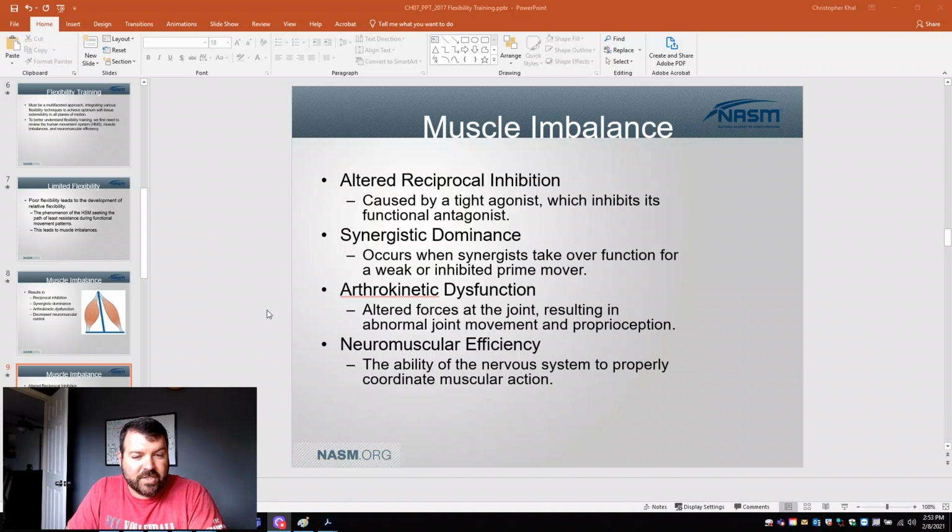Next one's going to be neuromuscular efficiency, the ability of the nervous system to properly coordinate muscle actions. Have you ever seen a swimmer run? If you're a swimmer, you know exactly what I'm talking about. It's a coordination issue, really, because let's say a swimmer or water polo athlete is very, very dominant in the water.